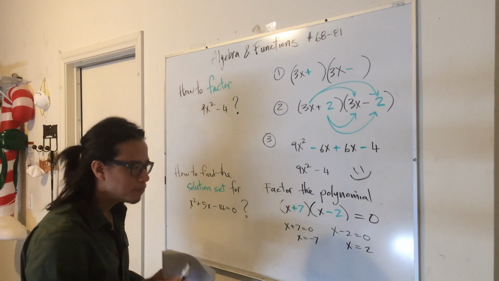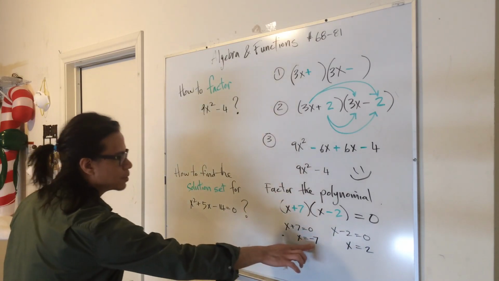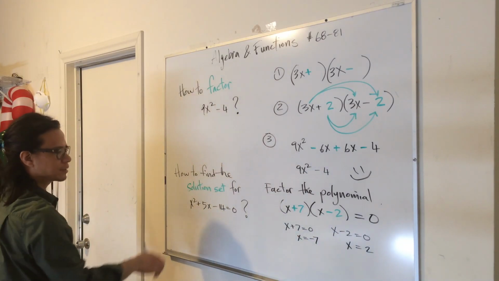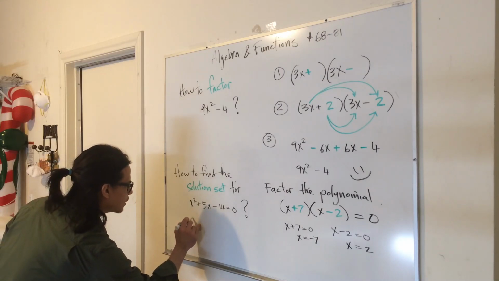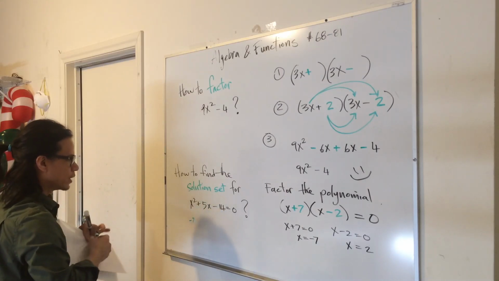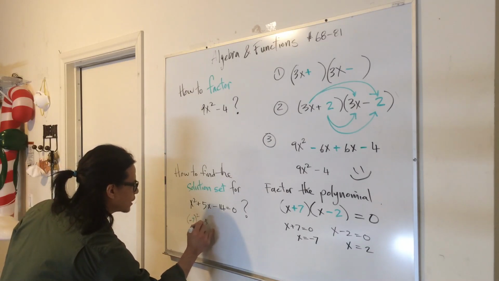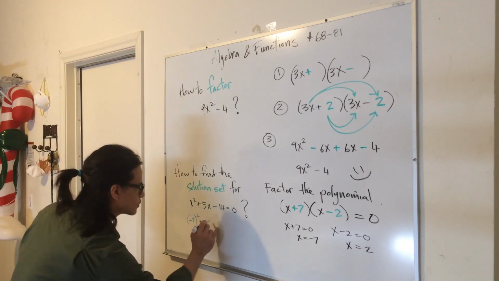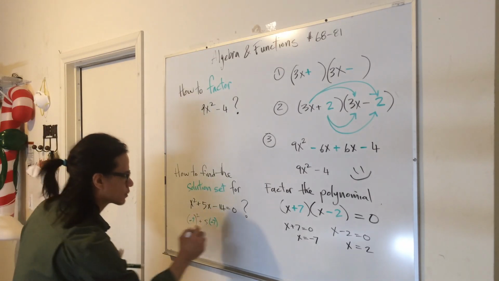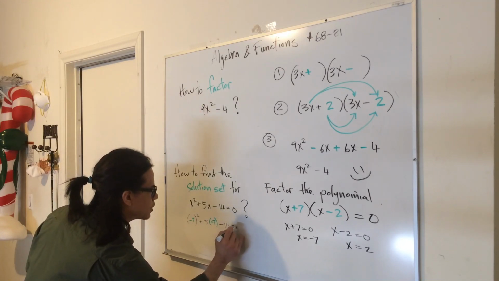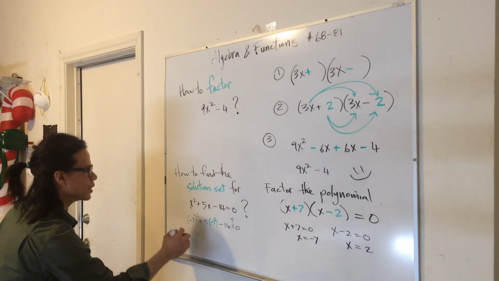Those are hopefully our answers. Let's check to make sure. Put negative 7 in for x. So we'll have negative 7 squared plus 5 times negative 7 minus 14 equals 0. Does it equal 0? Okay, so 7 squared is 49.